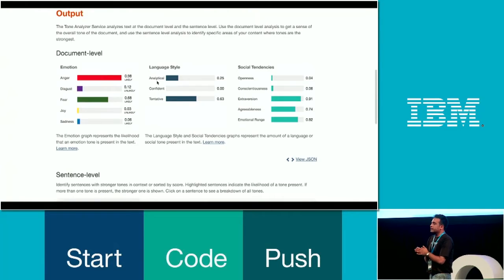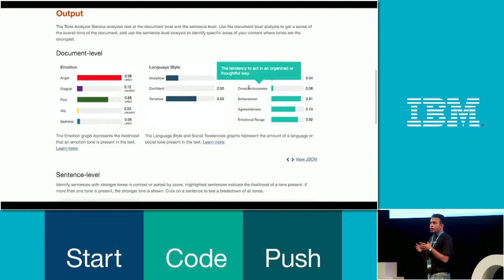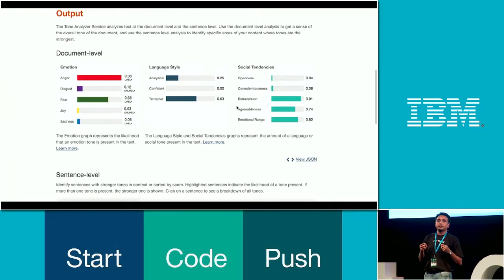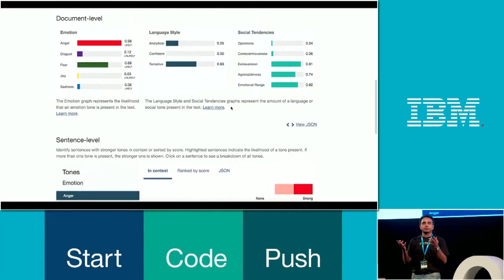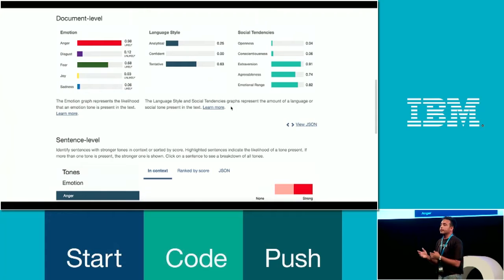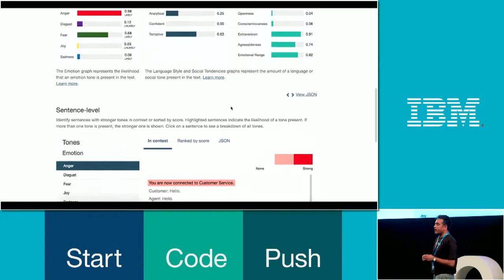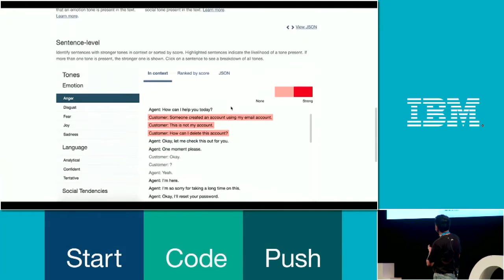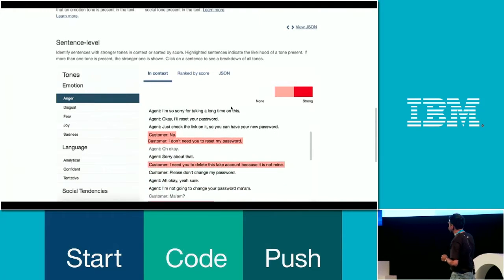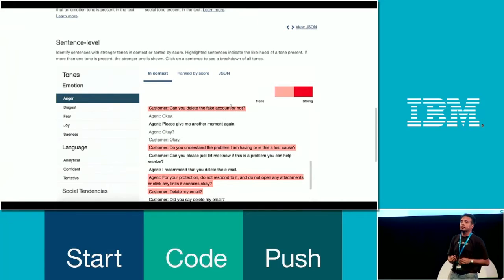I also get the language style used in this whole conversation, and some personality traits of the persons involved, here Karthik and Jack. I not only get it for this entire piece of conversation, I also get it for each sentence present in this conversation.